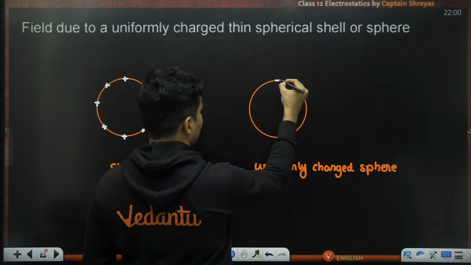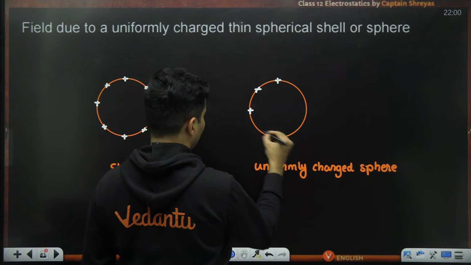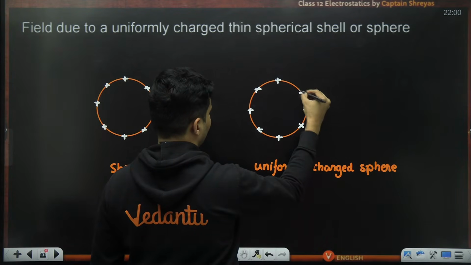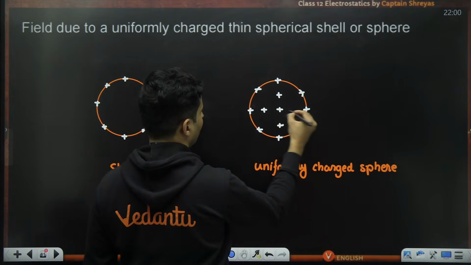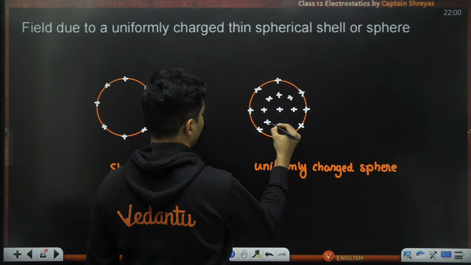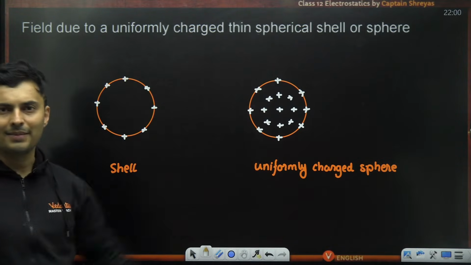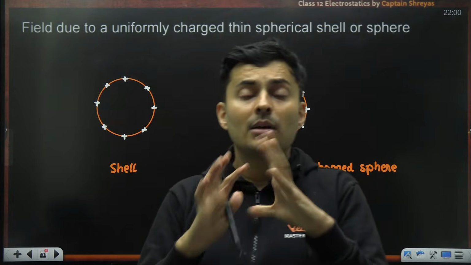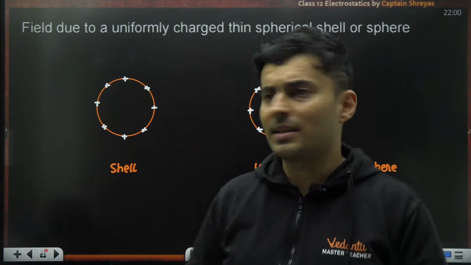In this case, the charges are not only there on the surface, but they are also there even inside. They are all there inside, outside, everywhere. It's uniformly charged. It's like a solid sphere where the mass is there inside, versus a hollow sphere or a shell where the charges are only there on the surface.